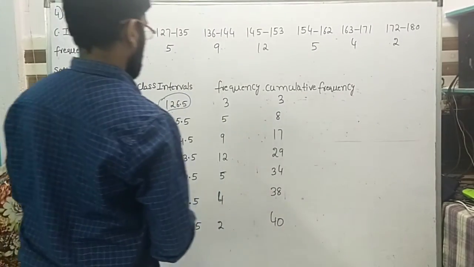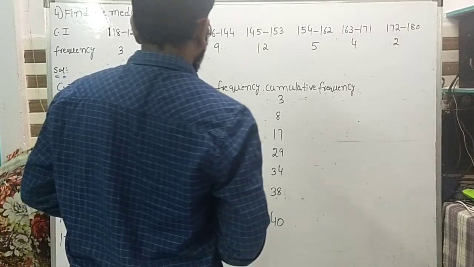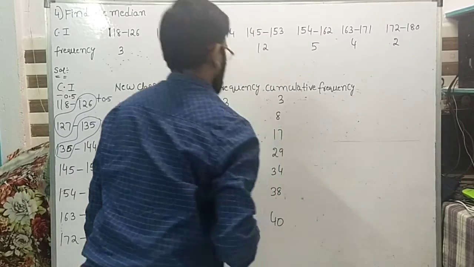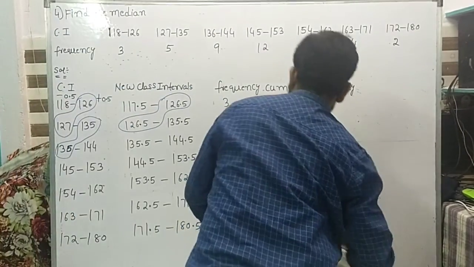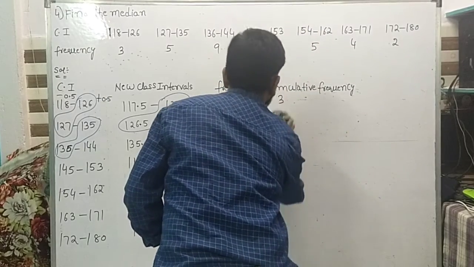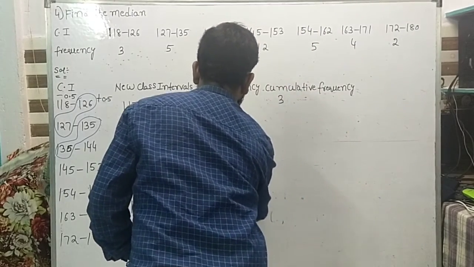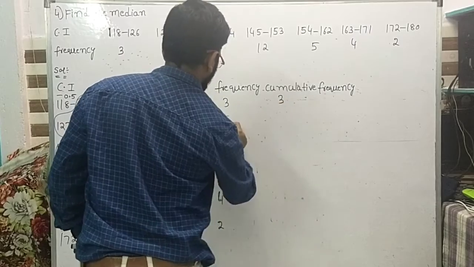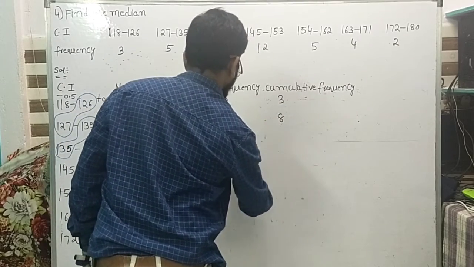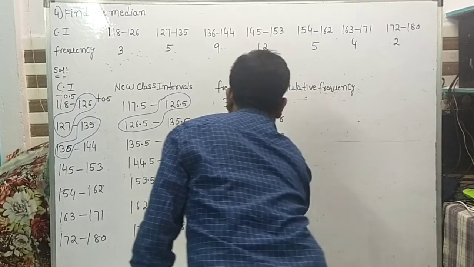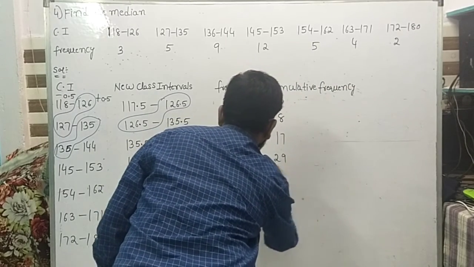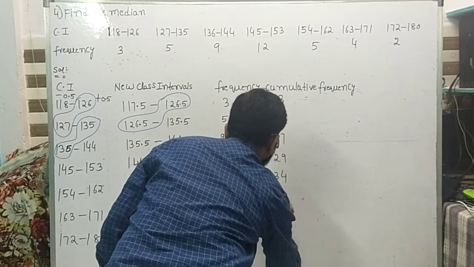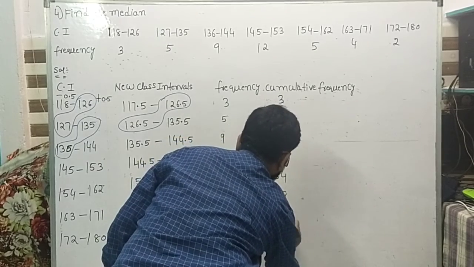First let us write what the highest frequency is. I wrote it wrongly, so let me write it correctly. 3 plus 5 is 8, 8 plus 9 is 17, 17 plus 12 is 29, 29 plus 5 is 34, 34 plus 4 is 38, 38 plus 2 is 40.